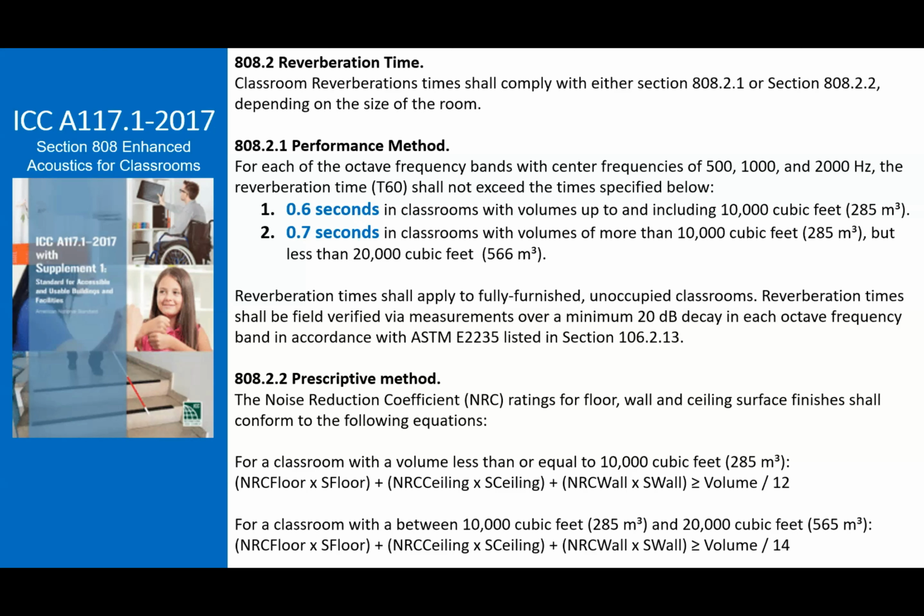The equation is the volume divided by 12 for the smaller classrooms, 10,000 cubic feet or less, or the volume of the room divided by 14 for those from 10,000 to 20,000 cubic feet. We're actually going to do a really fast overview of this for an example classroom.